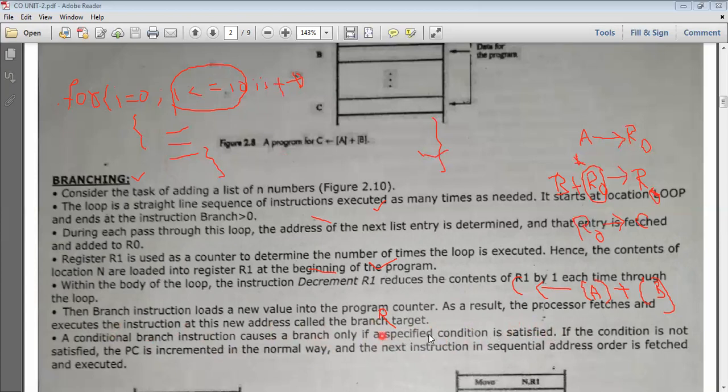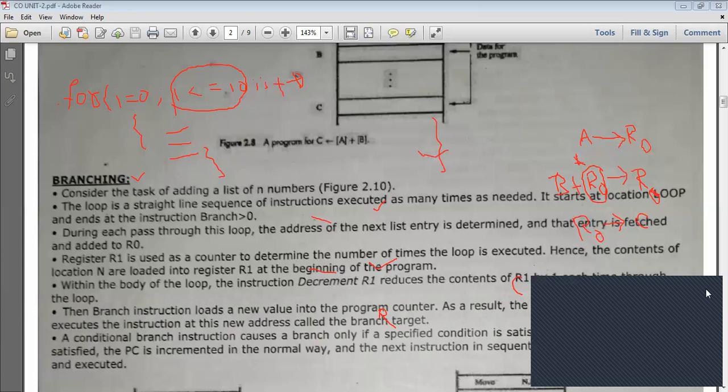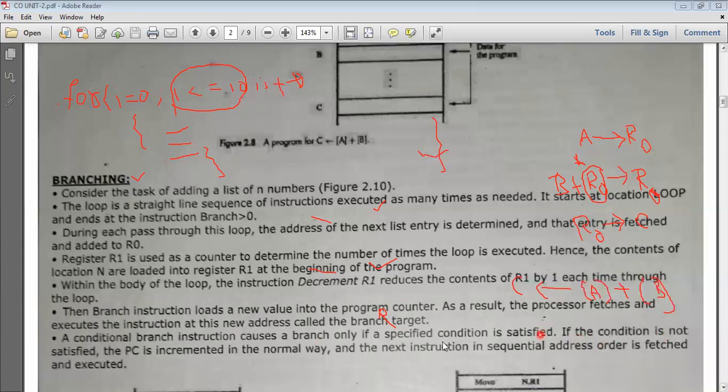If the specified condition is satisfied, then only that branch of instructions is executed. If the condition is not satisfied, the PC is incremented in the normal way, and the next instruction in sequential address order is fetched and executed. So these are the points we learn in branching.